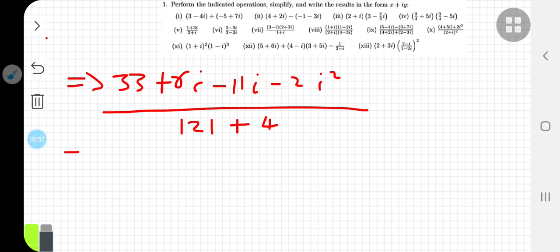From here, what am I going to have? I'm going to have now 33 plus 2. And here it's just saying that 6i minus 11i, that will just give me negative 5i.